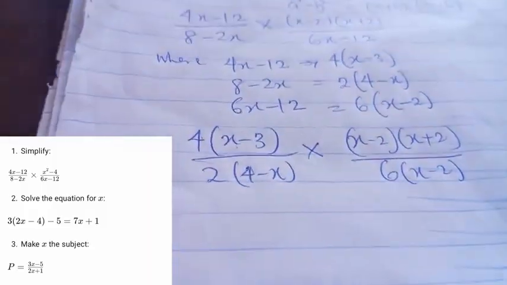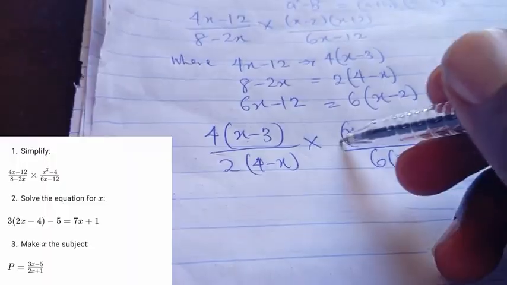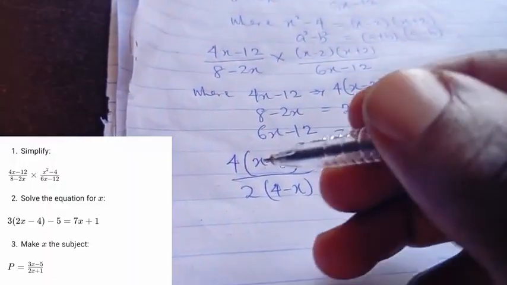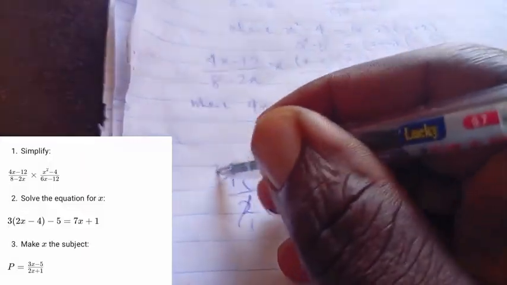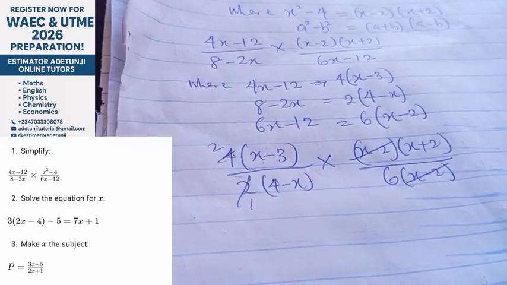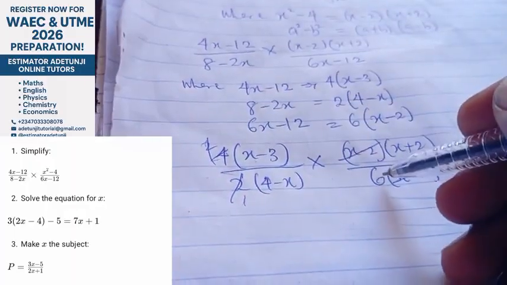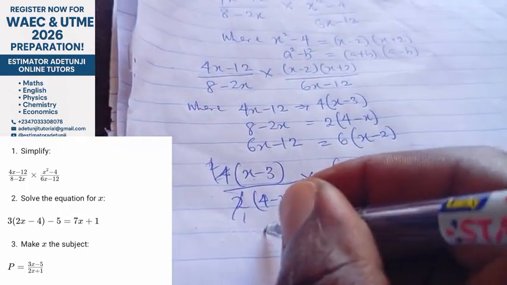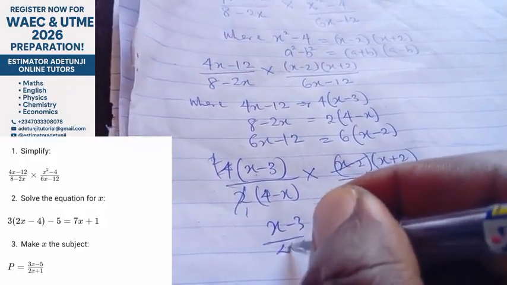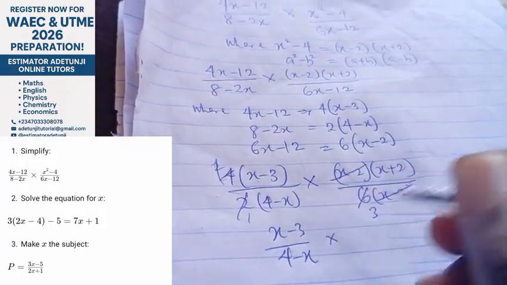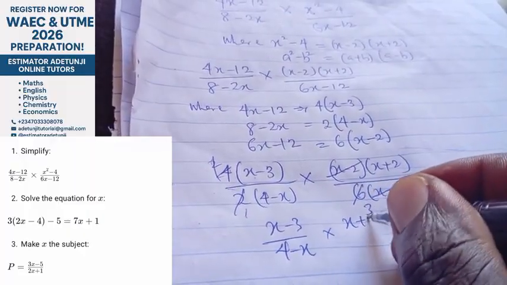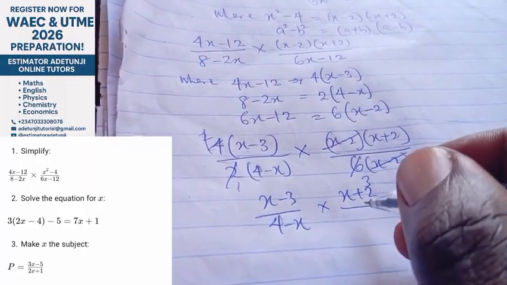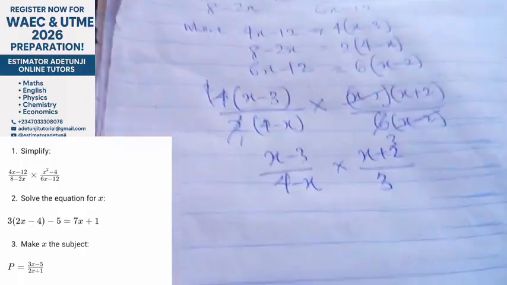Now you can see clearly we can cancel out x minus 2. You can even have 2 cancel, and we have 2 left here. Also 2 cancels with 6, and we have 3 here. So what we have left is (x minus 3) over (4 minus x), times (x plus 2), and what remains here is just a figure, which is 3.